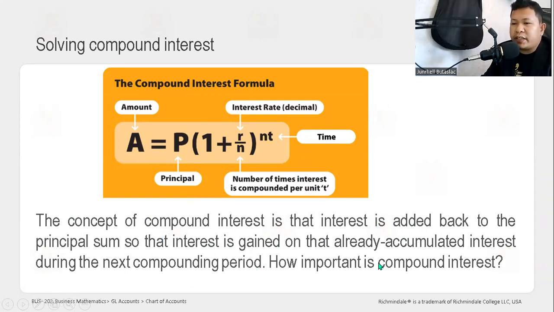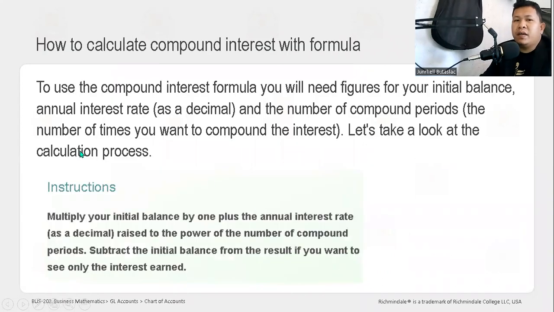So how important is compound interest? Okay. So how to calculate compound interest rate formula? To use the compound interest formula, you will need figures for your initial balance, annual interest rate in decimal form, and the number of compound periods. So the number of times you want to compound the interest.